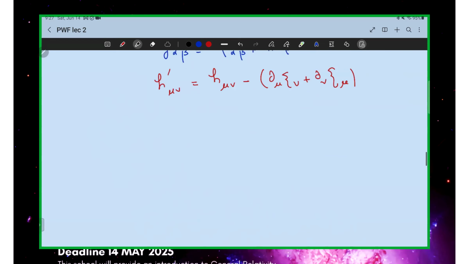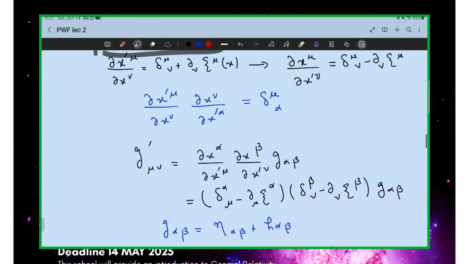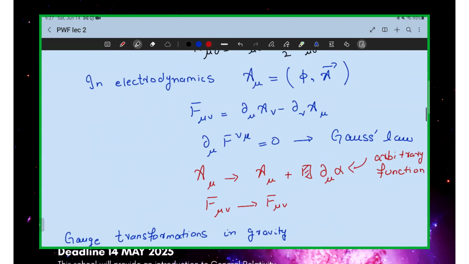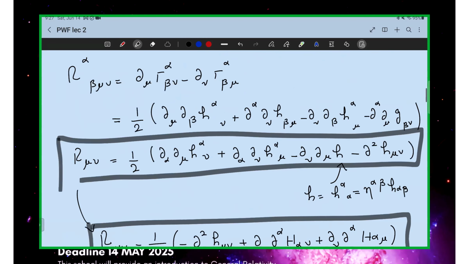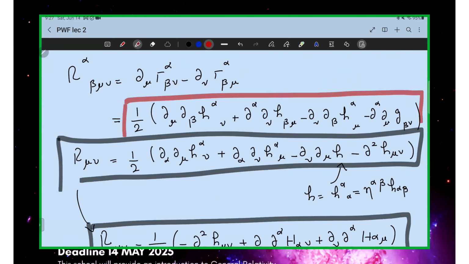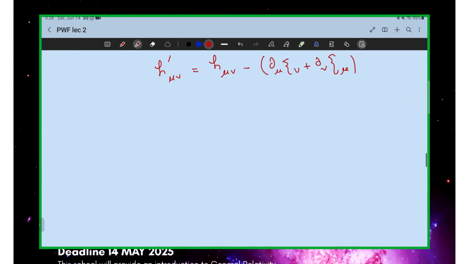Sure. What about the Ricci tensor or the Riemann tensor? Well, it's not hard to see that if you use this expression for the Riemann tensor or this expression for the Ricci tensor, it's just algebra to show that these don't change, right? If I get some time at the end of the lecture, I can do that calculation for you, but it's simple algebra, nothing more than that.